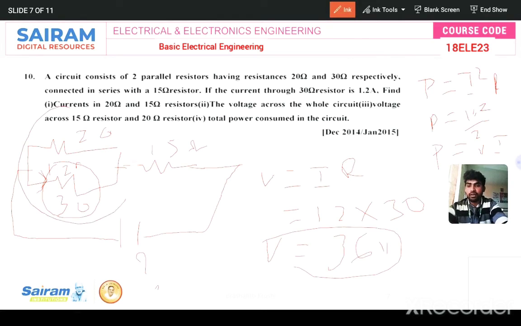So we got 36 volts for this branch. And how to calculate I2? I2 is equal to 36 by 20. 36 by 20 is how much?